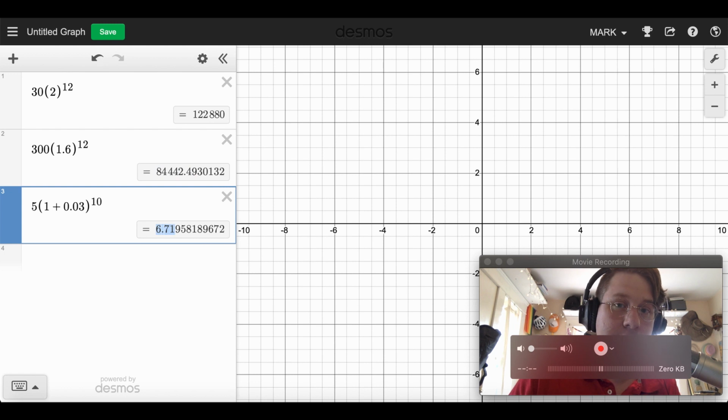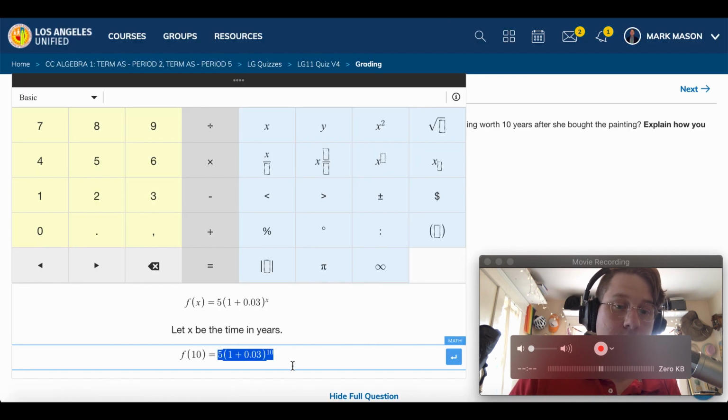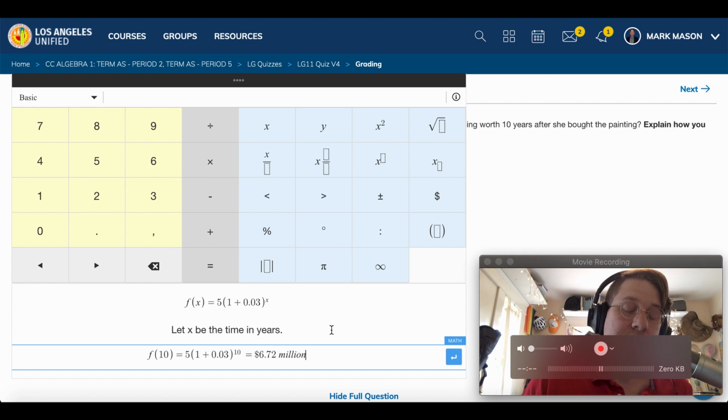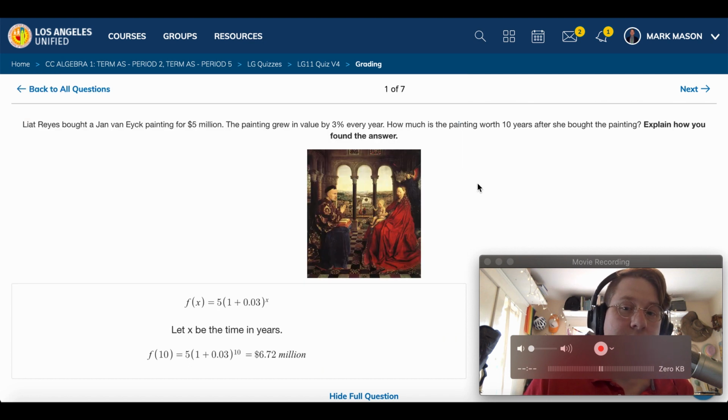So I'm going to round this, and keeping in mind this is what my units are, so I used 5 for 5 million, so this is just going to be $6.72 million. So in 10 years, she is going to have a painting that's worth 6.72 million.